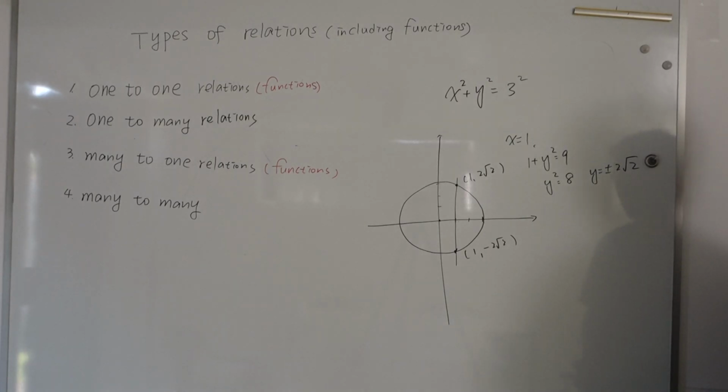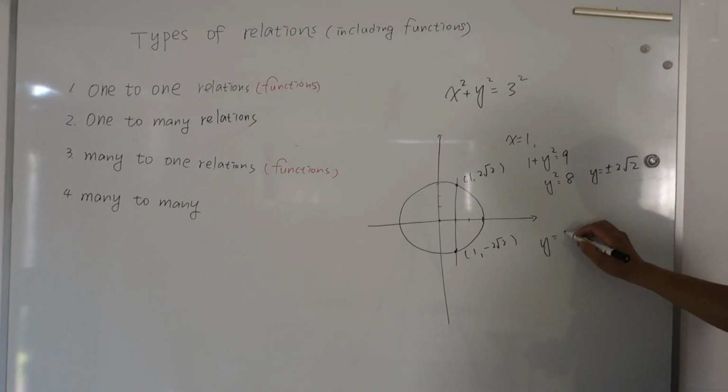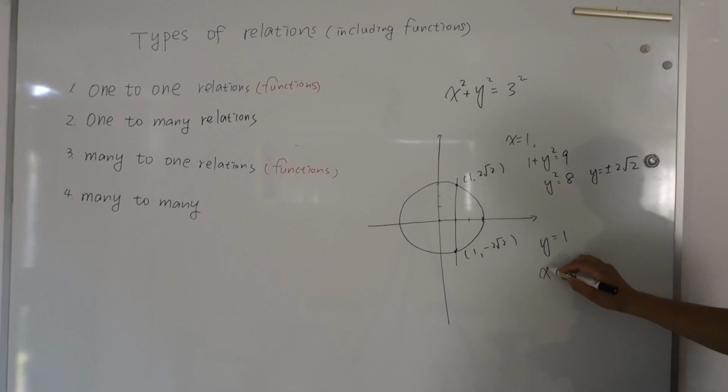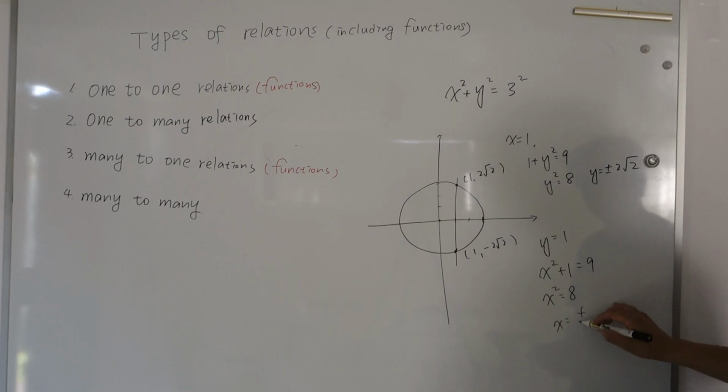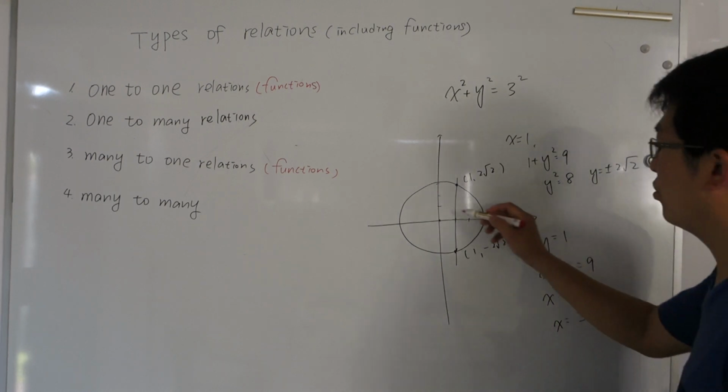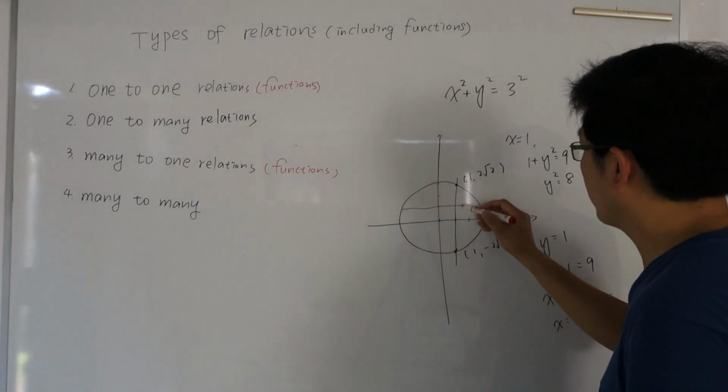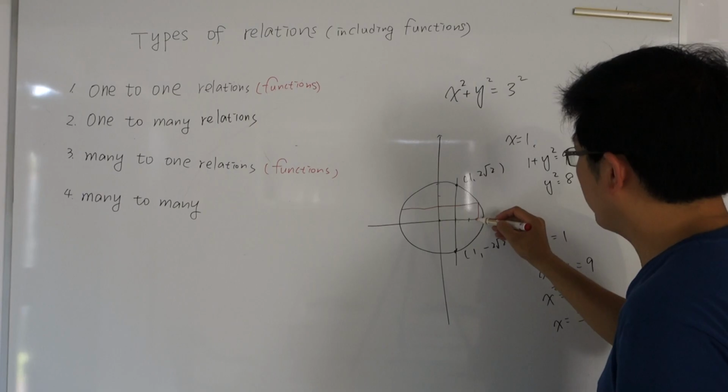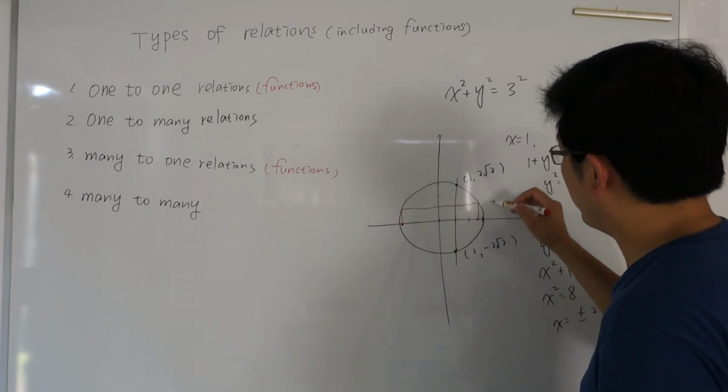That's one to many. But at the same time, if y equals 1, what happens? Substitute y equals 1: x squared plus 1 equals 9. x squared equals 8. x equals positive and negative 2 square root 2. So we find that when y equals 1, we still have different x values.